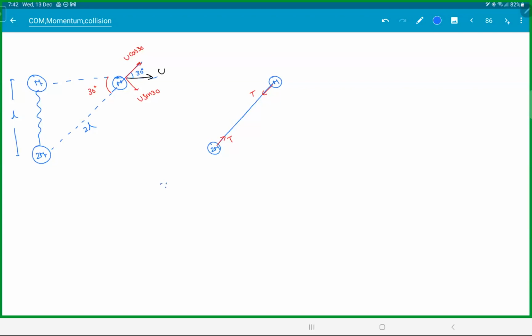Since the force is along the tension, velocity components perpendicular to the string do not change because the force is perpendicular. Only velocities along the string will change. That is the first idea you need to know.